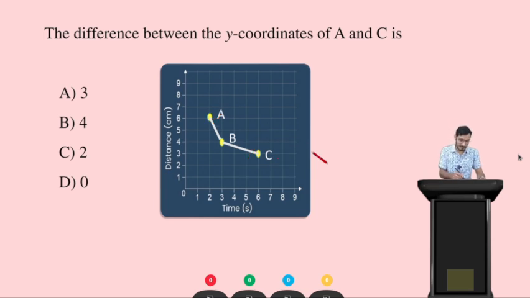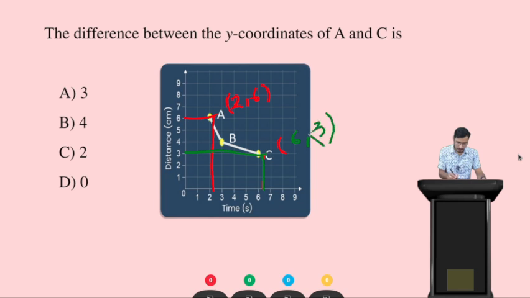You can see point A. The coordinates of point A are, sorry, 2 comma 6 here. And the coordinates of point C are 6 comma 3.